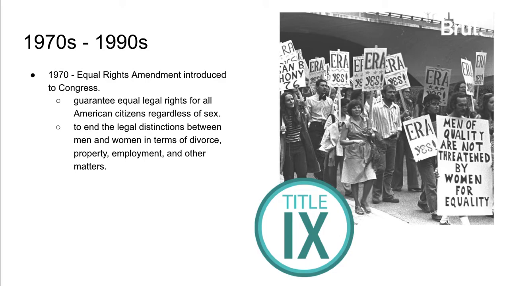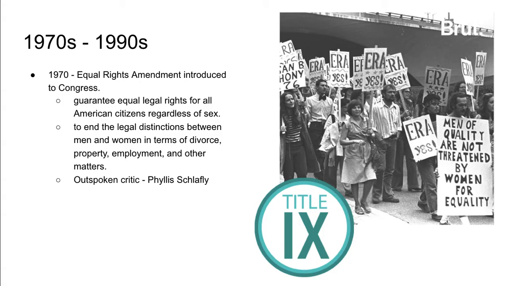All of that wasn't legally protected, and it's actually still not legally protected because the Equal Rights Amendment never officially got approved by all of the states throughout the country. Because of that, they didn't approve it within the timeline that was set. And so we still to this day don't have the Equal Rights Amendment.